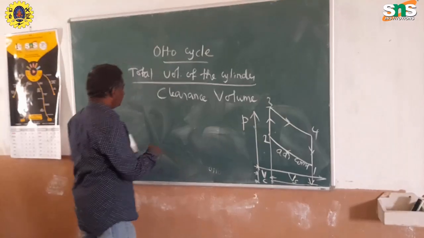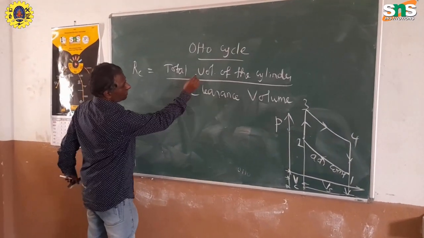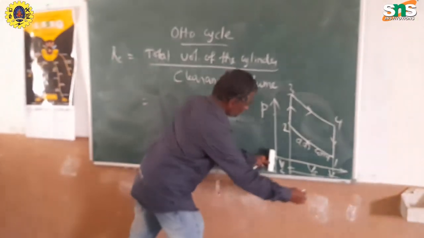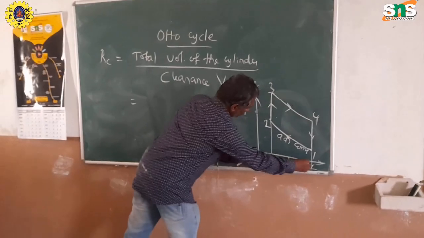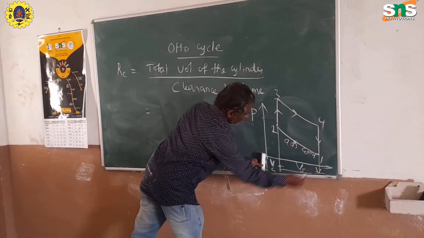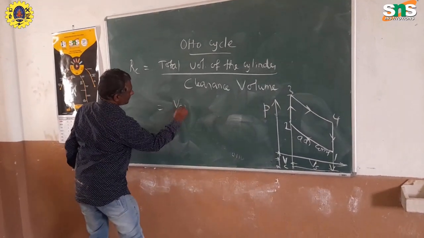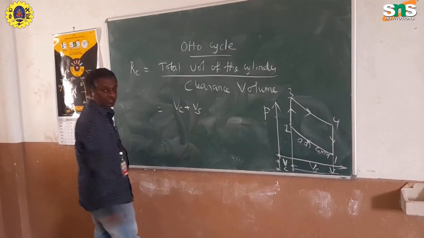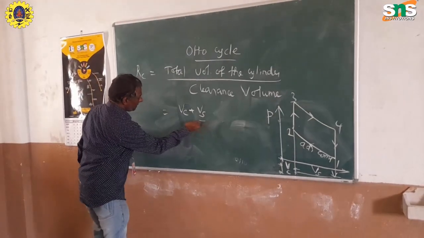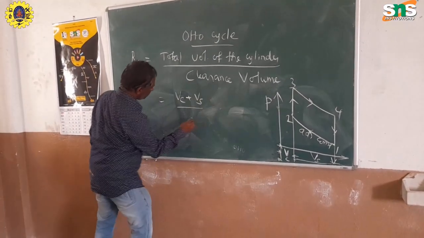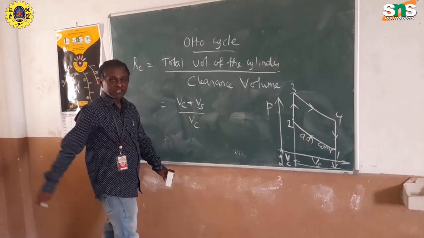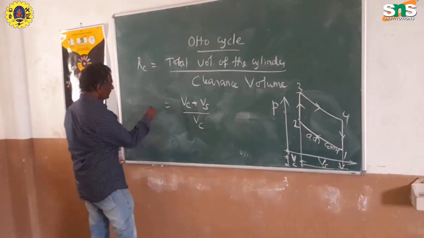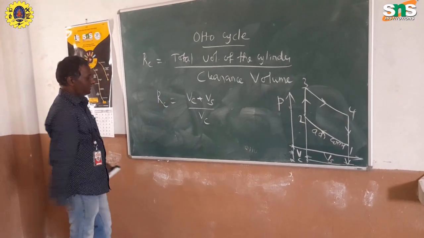So the total volume of the cylinder, from start to end, is Vc plus Vs, divided by the clearance volume Vc. This is the compression ratio.